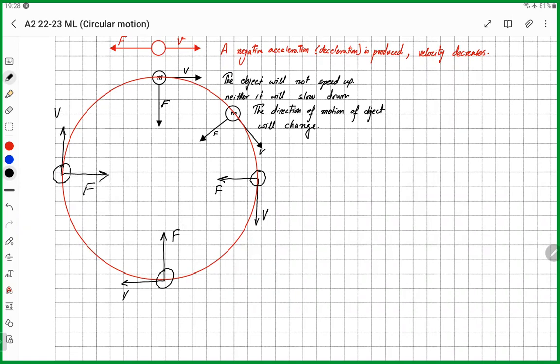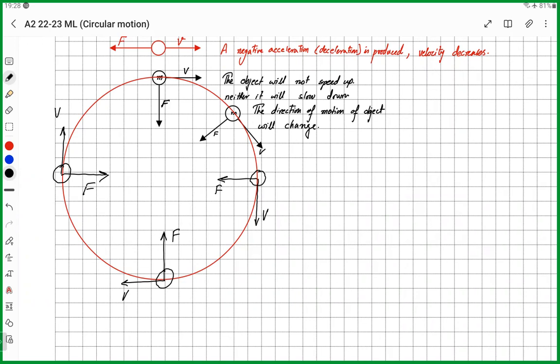So force is always going to be perpendicular, because force is not accelerating the object along the direction of velocity, neither is it decelerating the object opposite to the direction of velocity. This force is only changing the direction of motion of the object. What are the important things about this force? Is this force producing any change in speed?